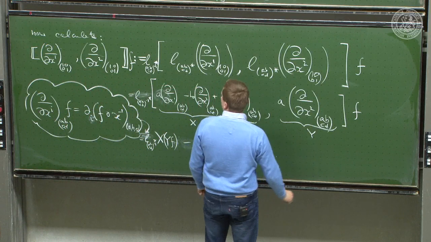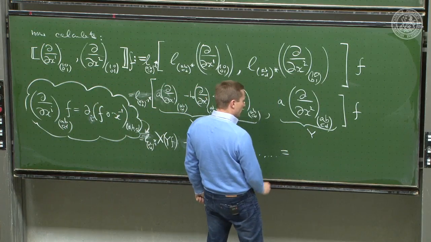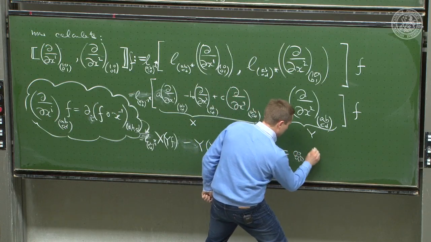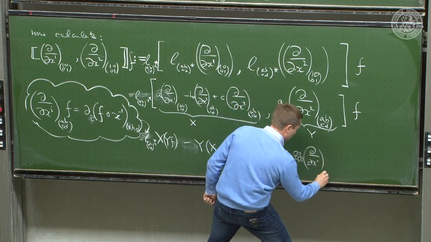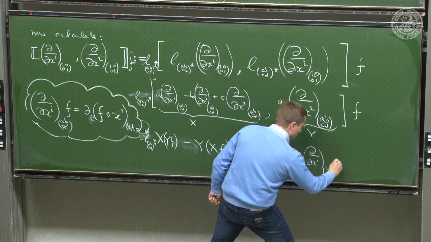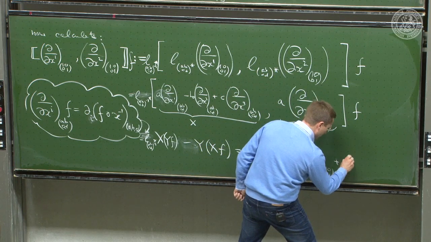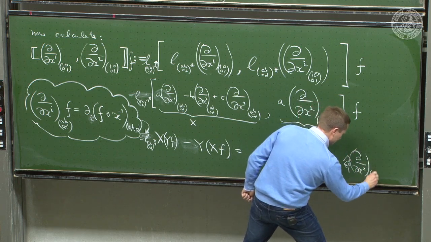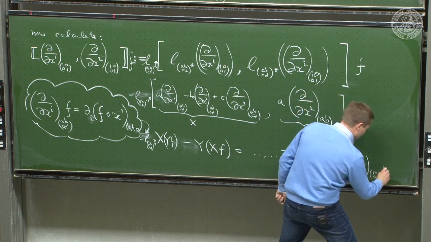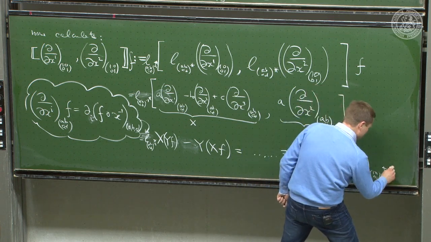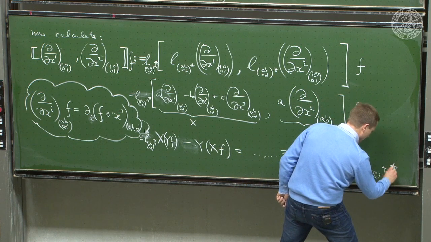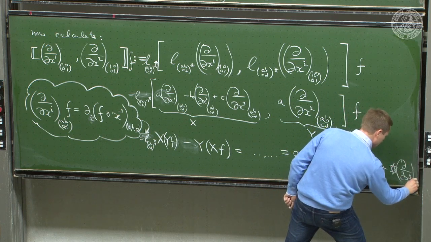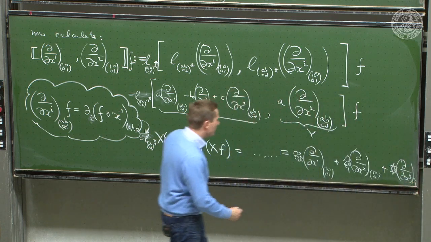You calculate this, and what you will get is a certain linear combination: flower, d by dx1 at the identity, plus pine tree, d by dx2 at the identity, plus, who knows, star, d by dx3 at the identity. Very good.